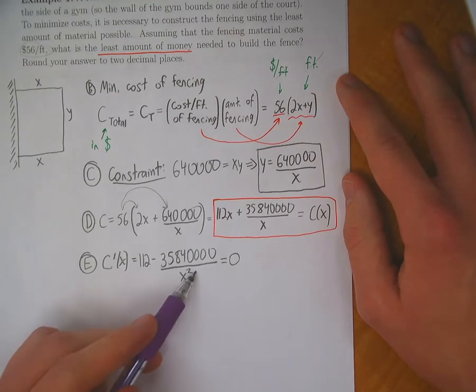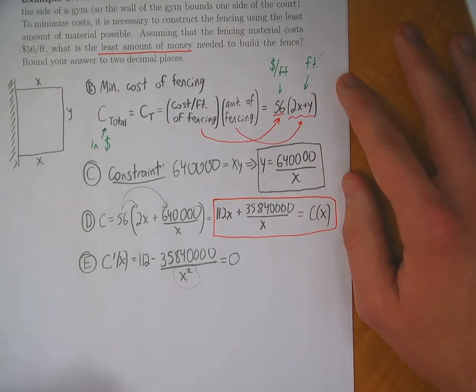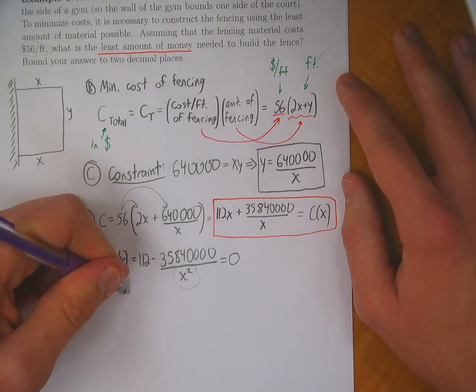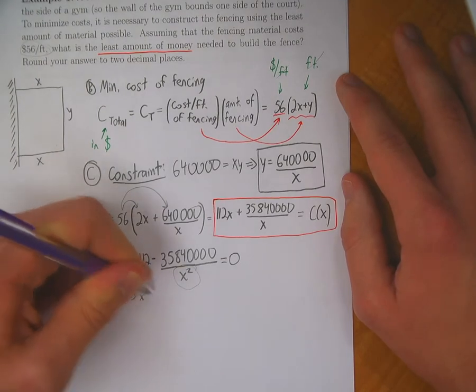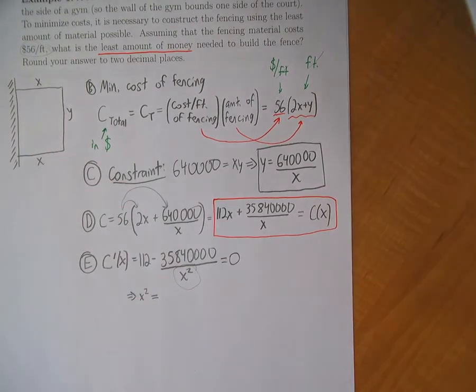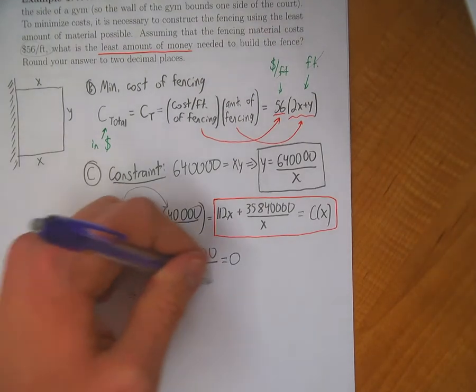So the thing is that now we have an x squared hanging out here. So in this case, if we first solve for x squared here, what should we end up with regarding what x squared equals?